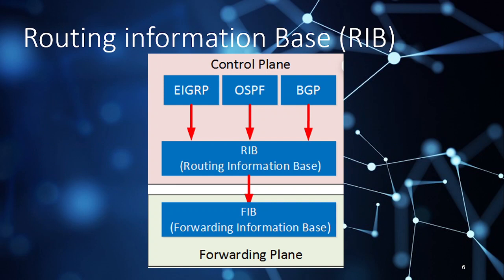So the router will do the path selection process based on the three main components, which are prefix length, administrative distance, and metrics, in order to make the decision and forward the packet.